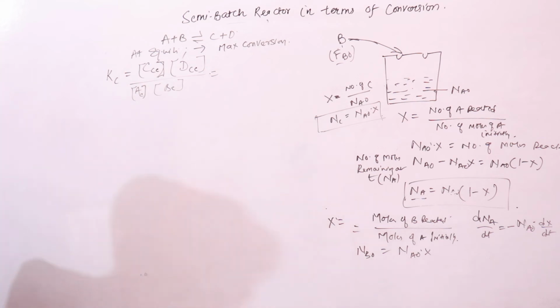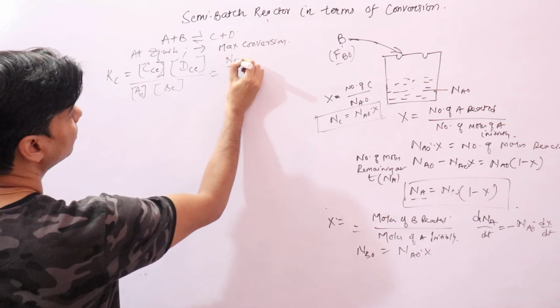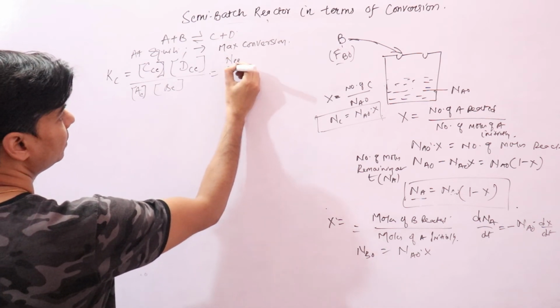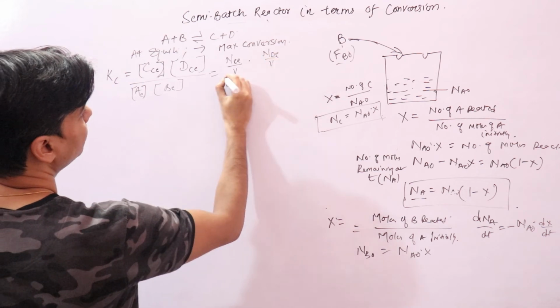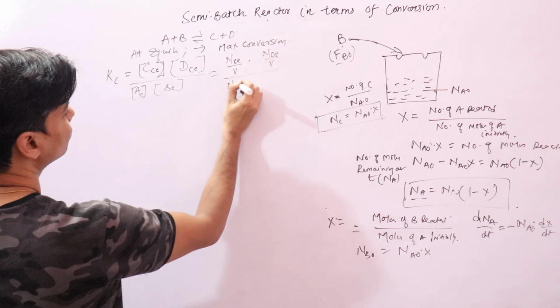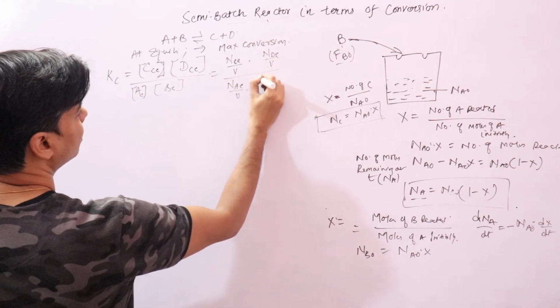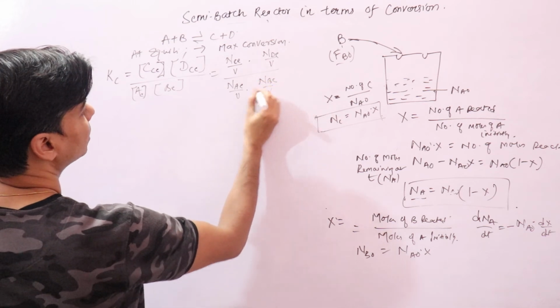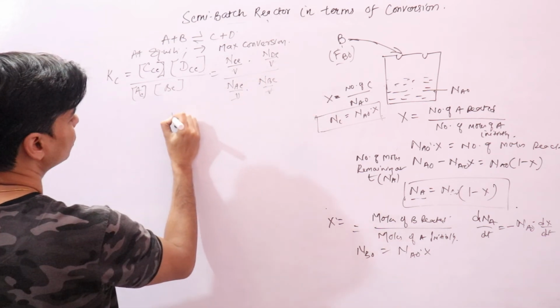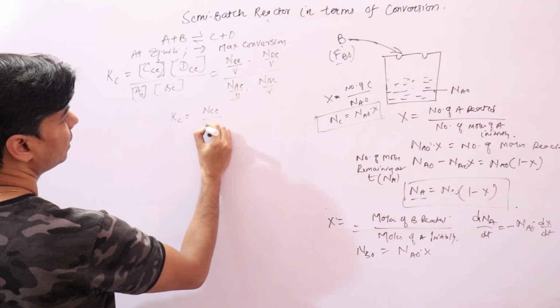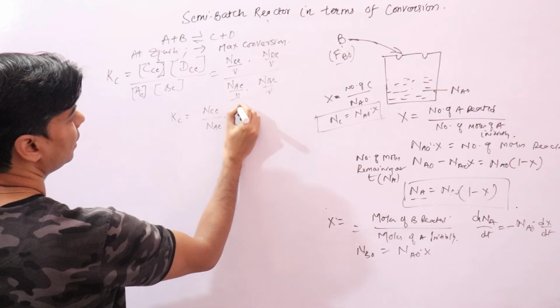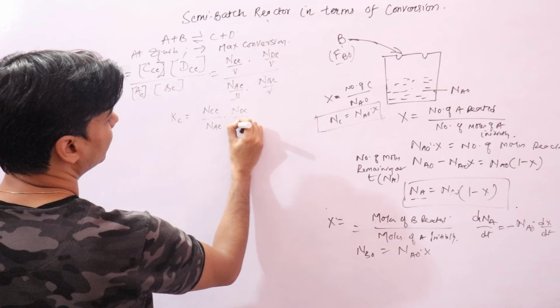Concentration is moles per unit volume. So NCE, number of moles of C at equilibrium, number of moles of D at equilibrium, number of moles of A at equilibrium, number of moles of B at equilibrium. The volumes will cancel, so Kc would be NCE times NDE divided by NAE times NBE.